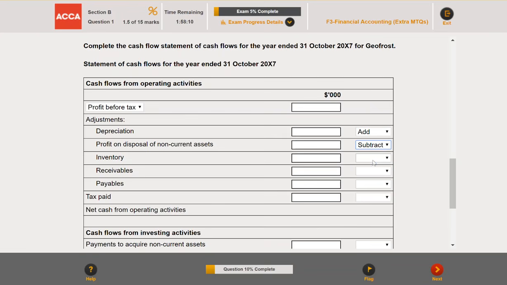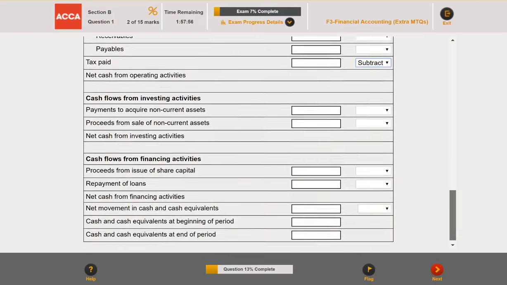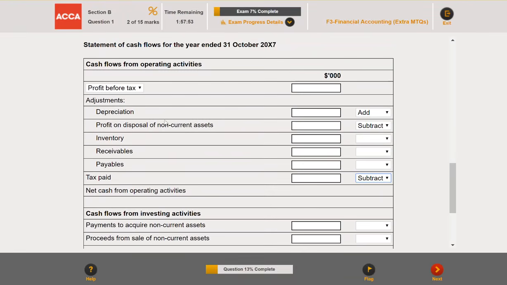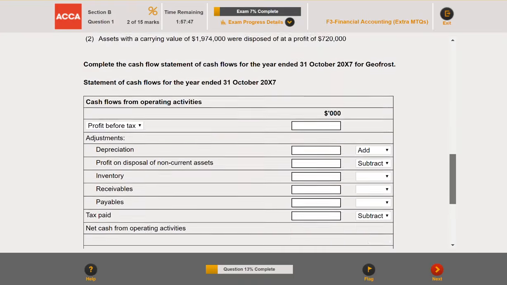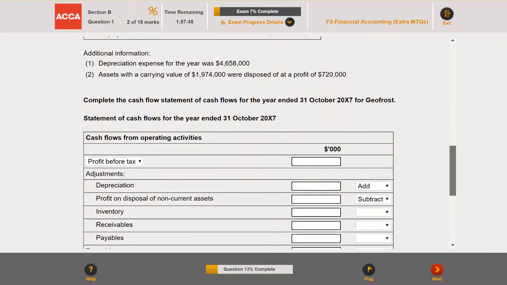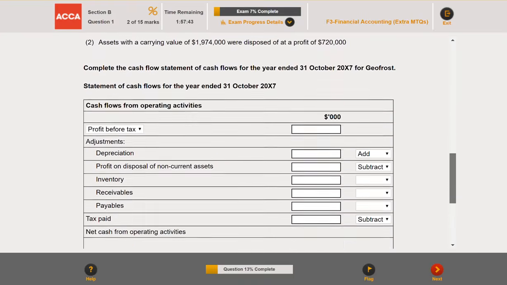Inventory, we have to see whether it has decreased or increased, so we will leave that as it is. Tax paid is deducted, so this is the actual figure that we are including here. So for the first few items, we do the opposite of P&L. In the P&L, if they are added, we deduct them here. If they are deducted in P&L, we add them here.